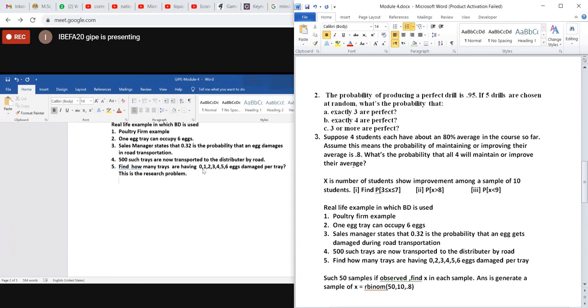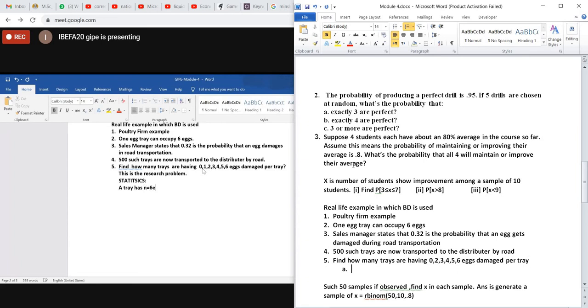Now, statistics. And what our statistics says: a tray has n equal to 6 eggs.